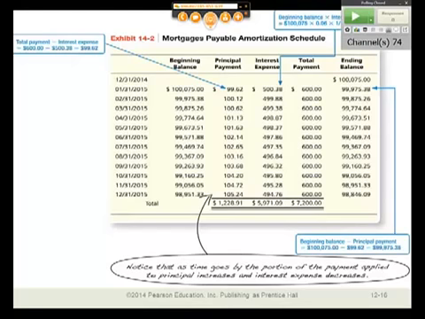You'd have interest expense, and that would be $538. And then cash. So the entry turns out to be the same in format, but the way you get the numbers would be significantly different.